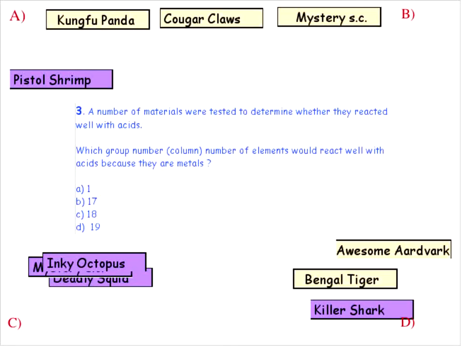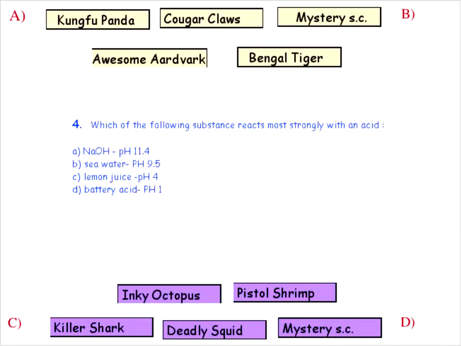And actually, answer D, column 19, there actually is no 19. The highest you go is 18. And that's what they call the inert gases, like helium and stuff like that, which don't react very well with other elements. Okay, so we're going to give that one to the sea creatures. And just remember, metals on the left side. Both columns 1 and 2 are very reactive metals, and we'll talk about that later on. Okay, so does that make sense now, guys?